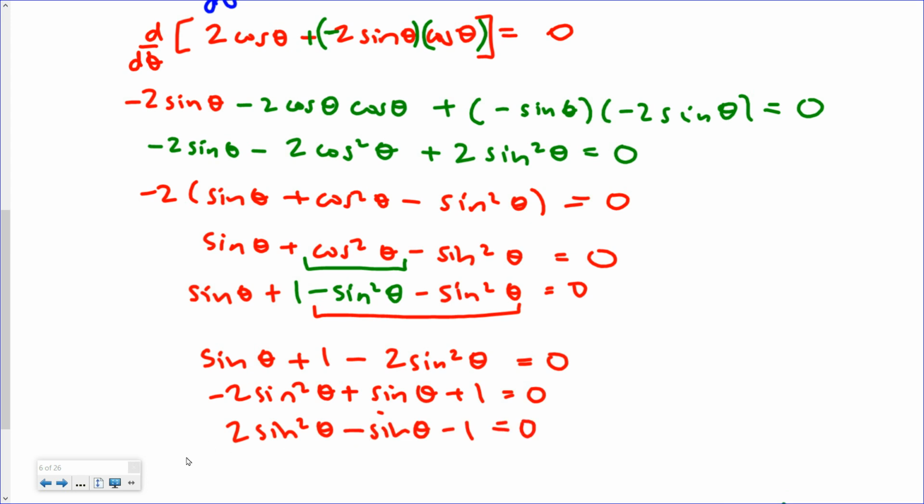This is actually a good place to be. Does anybody see why this is a good place to be? You can actually factor this. You guys see it? It's almost the same as if I factored 2x squared minus x minus 1 is equal to 0. Just let my x equal sine theta, right? 2x squared minus x minus 1 equals 0. What would those factors be?